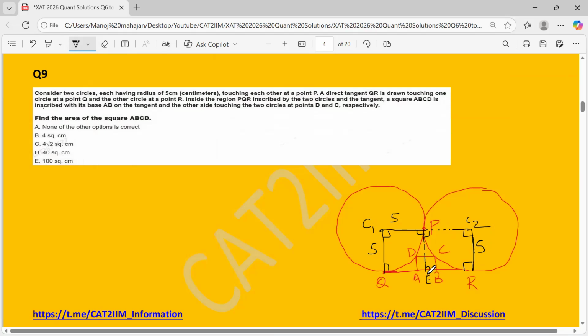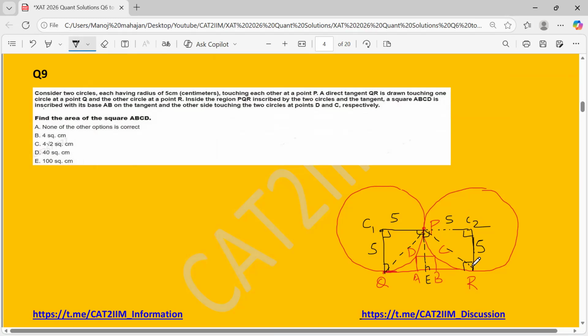So C1PEQ is actually a square, right? So if you look in this square of dimension 5, QP is a diagonal, correct? Same if I go with PC2RE, that is also a square with the dimension 5, and PR is also what? The diagonal.